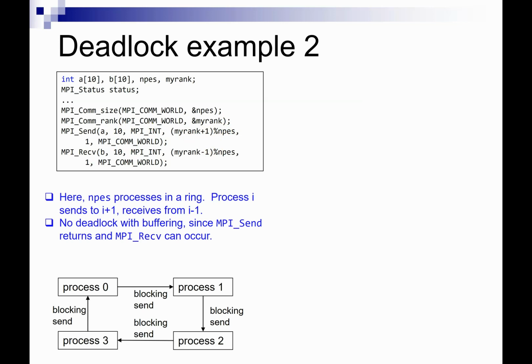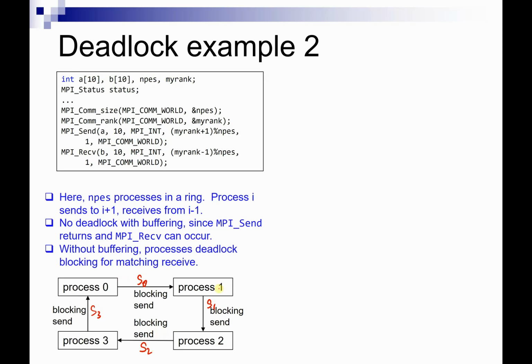If we have buffering, then both the send and the receive can complete, and we probably don't have deadlock. However, if you don't have buffering, then the problem is that we have these processes. This process is doing a send, so let's write this as send 0. Process 1 is doing a send, let's call that send 1, send 2, and then send 3.